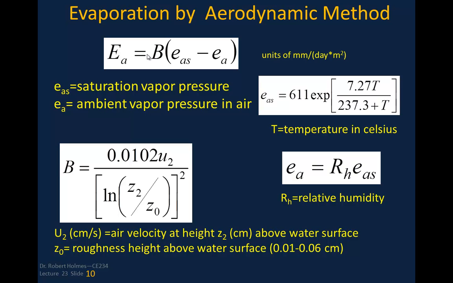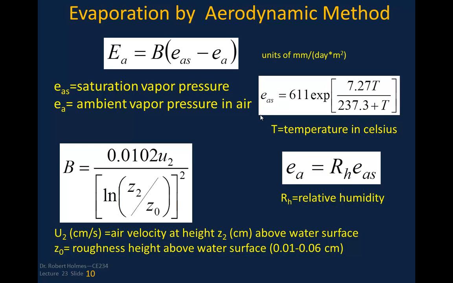And basically there's a lot of derivation behind this, but simply put, the evaporation by the aerodynamic method is equal to this constant B, which essentially is a vapor transfer coefficient, times the difference between e_s, the saturation vapor pressure, and e_a, the ambient vapor pressure in the air. So that's what would be occurring out in the atmosphere away from the area that's saturated.